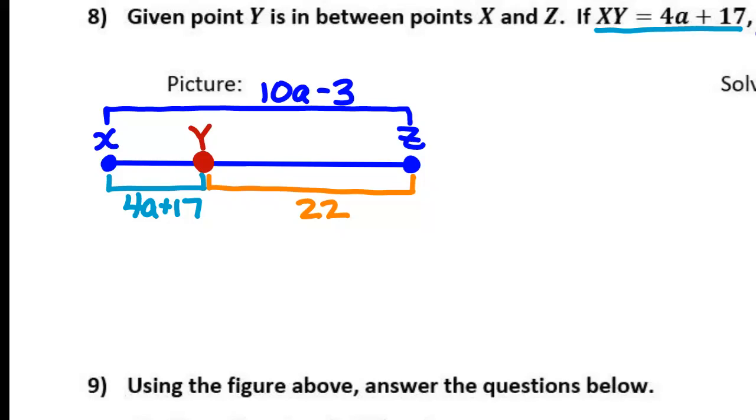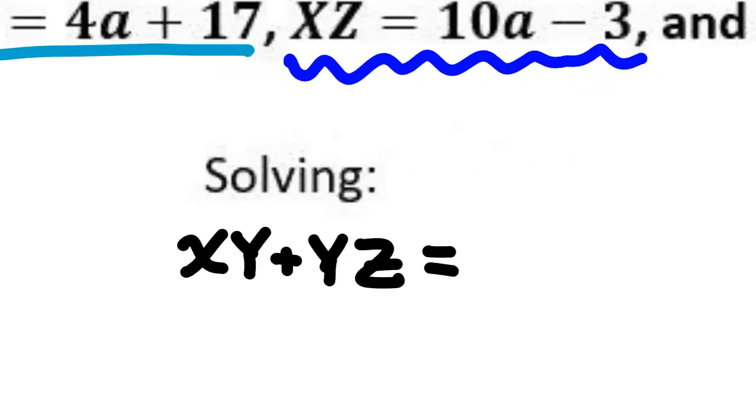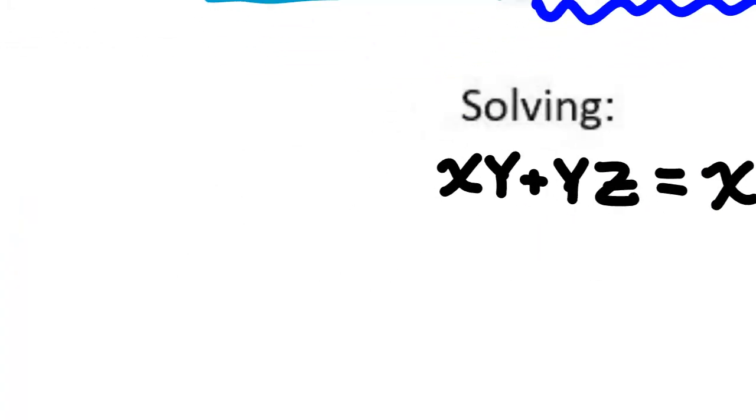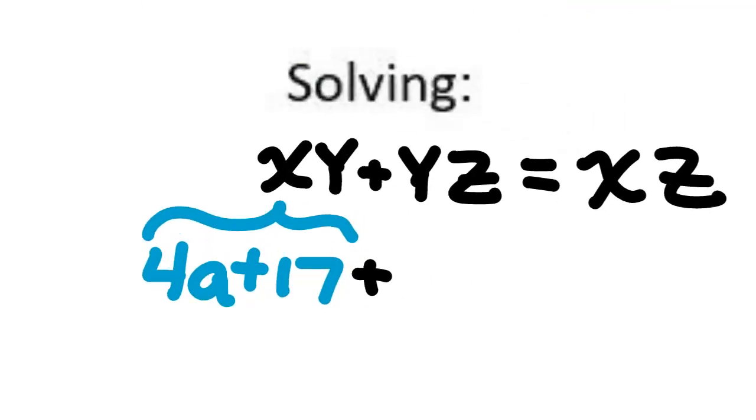I'm going to have to use my segment addition postulate here. The two smaller segments that are being put together are XY and YZ. And when I combine those two smaller segments together, it gives me the big segment XZ. XY, I'm going to replace with the expression 4A plus 17. I'm going to bring down my plus sign.